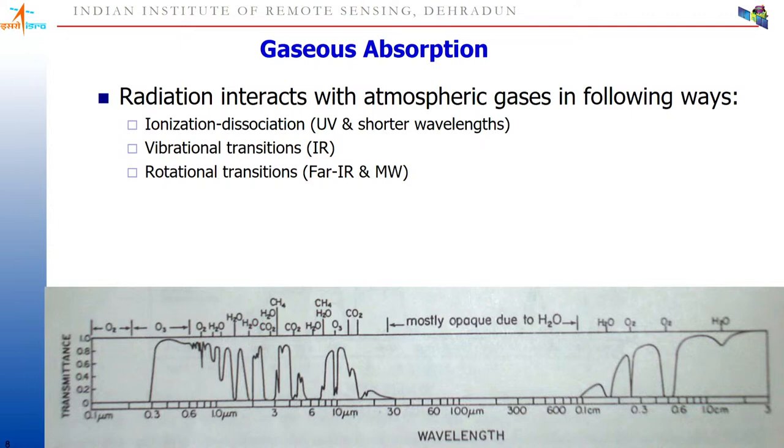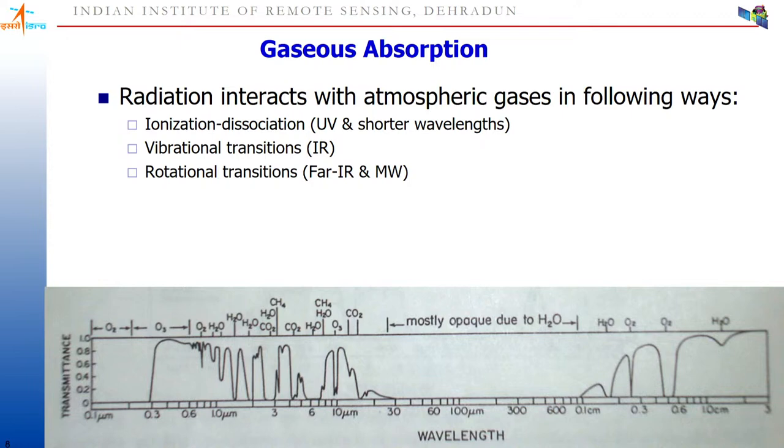When we talk about absorption, the radiation interacts with the atmospheric gases in the following way, that is, ionization. The short wave or ultraviolet has strong energy. In the ultraviolet and visible region, energy is very high.